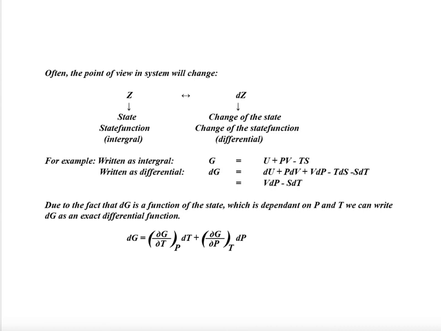That means dG is the partial differential of G divided by T at a constant pressure, and we are writing the differential dT, plus the partial differential of G divided by P at a constant temperature, and we are writing the differential dP.